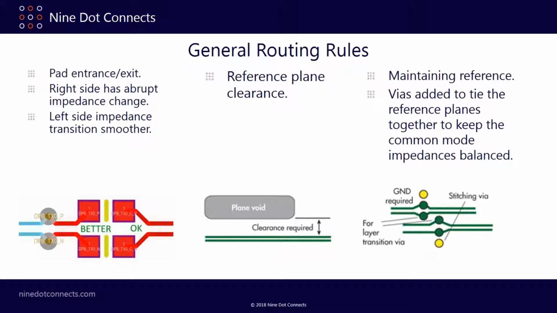And also you want to maintain reference. We're going to talk about this a little more later in the presentation, but you want to add vias to tie the reference planes together to keep your common mode impedances balanced. Anytime you have a mismatch in that common mode impedance, you can create common mode noise and cause increased radiation.